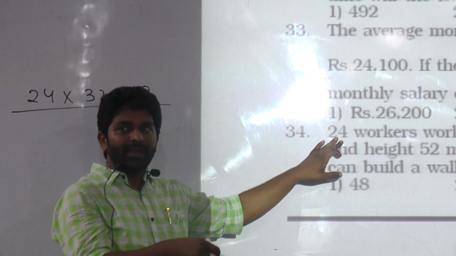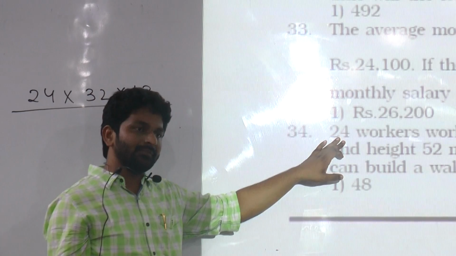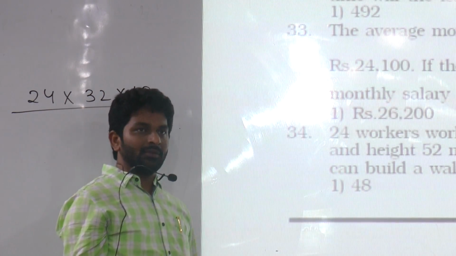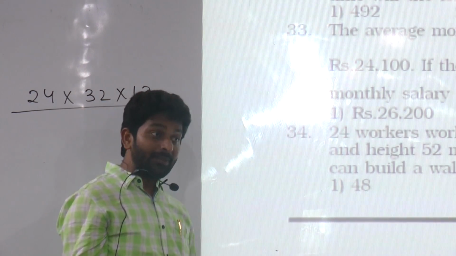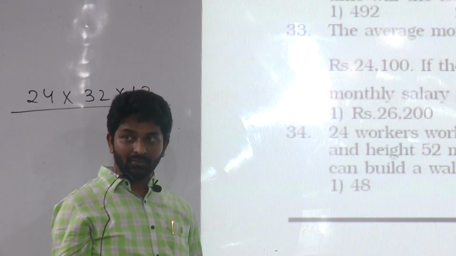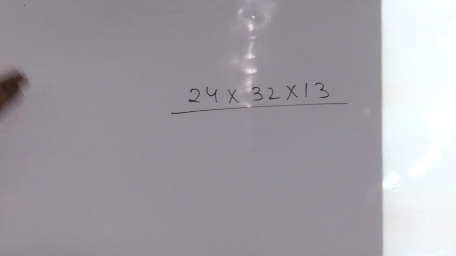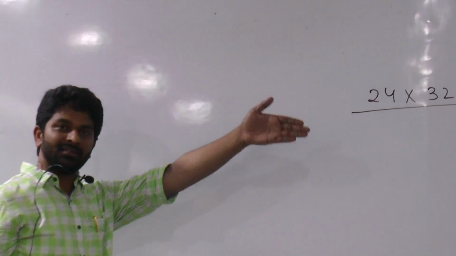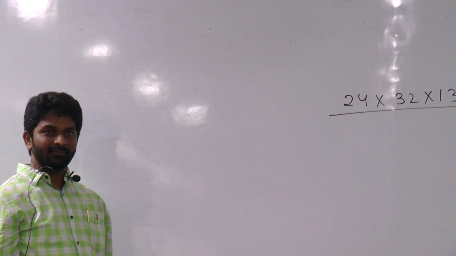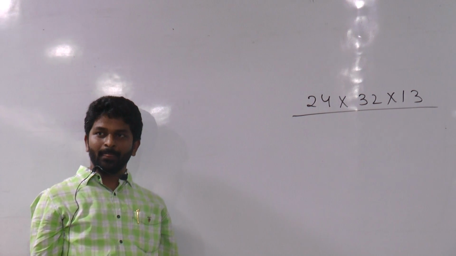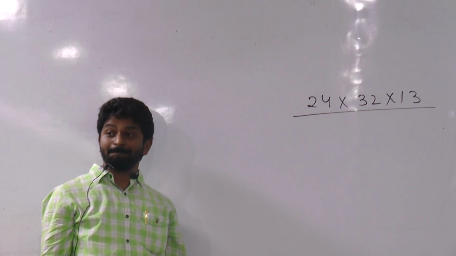How do I calculate my total work here? Should I add everything? Should I multiply everything? Multiplication. Are you sure? This wall has, what is this? Then where is breadth?